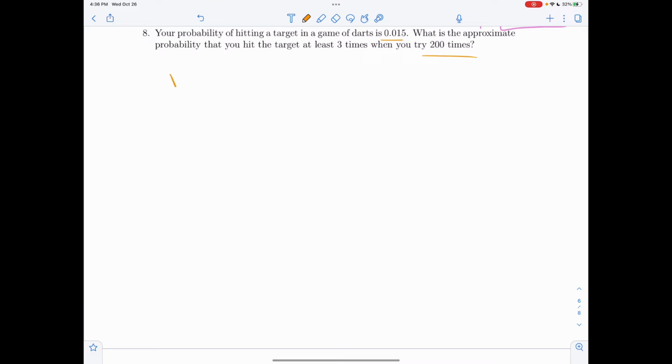So really, if X is the number of times you hit the target, okay, what do you have? You have that X really is a binomial random variable. n equals 200 and p equals 0.015. Okay?